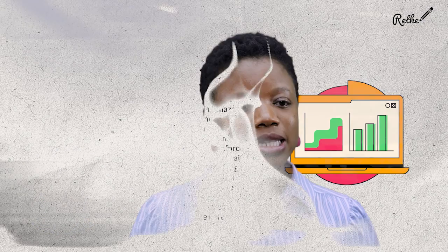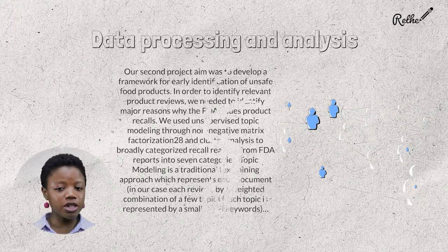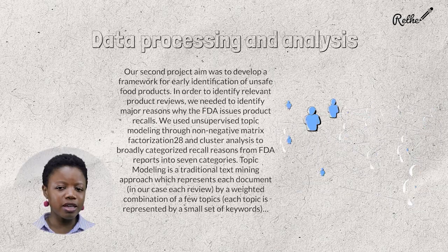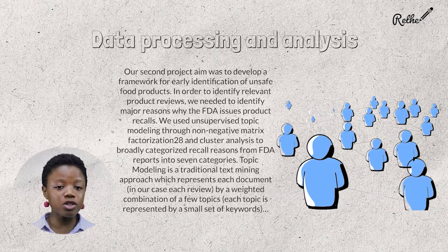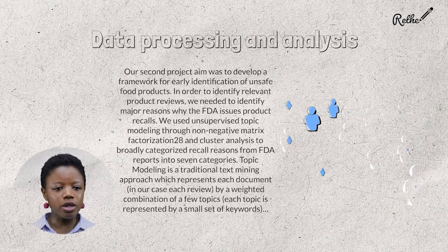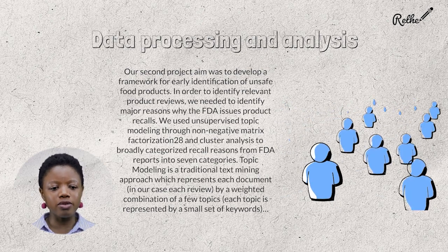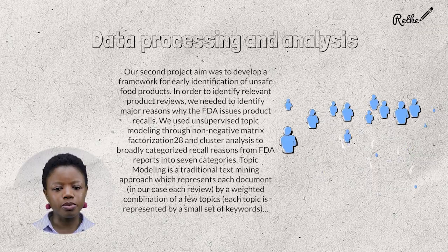The next subheading is data processing and analysis. In this section, we describe processing and analysis steps chronologically. Our second project aim was to develop a framework for early identification of unsafe food products. In order to identify relevant product reviews, we needed to identify major reasons why the FDA issues product recalls.